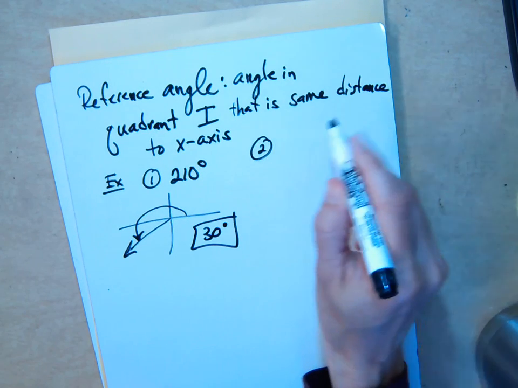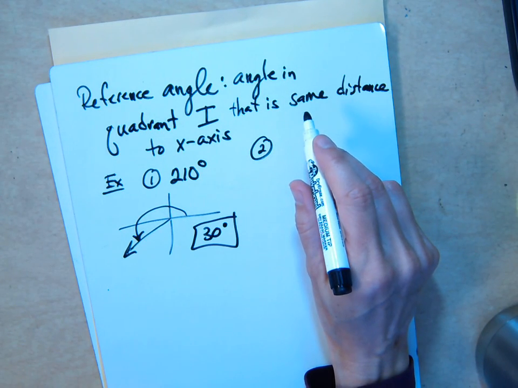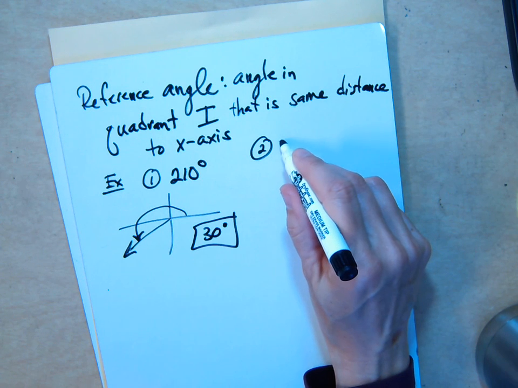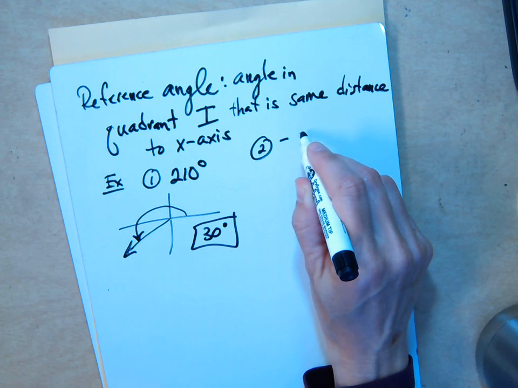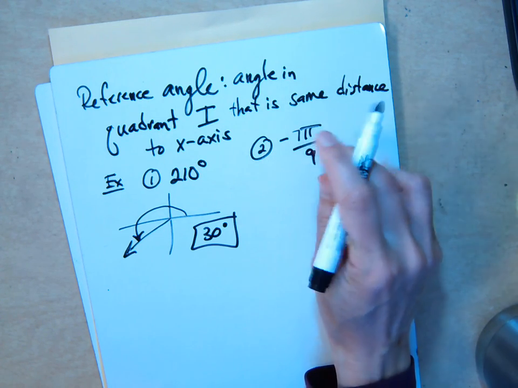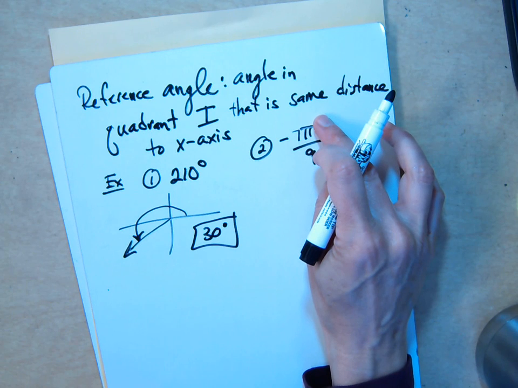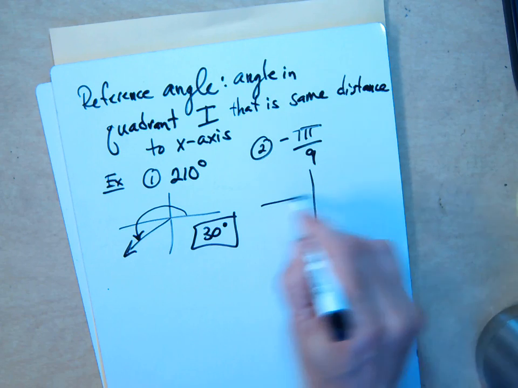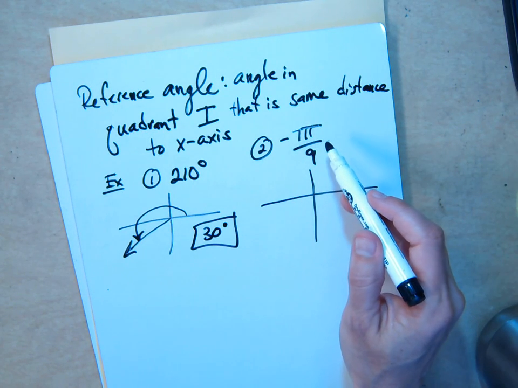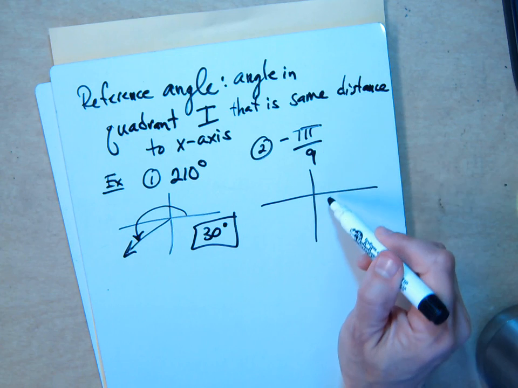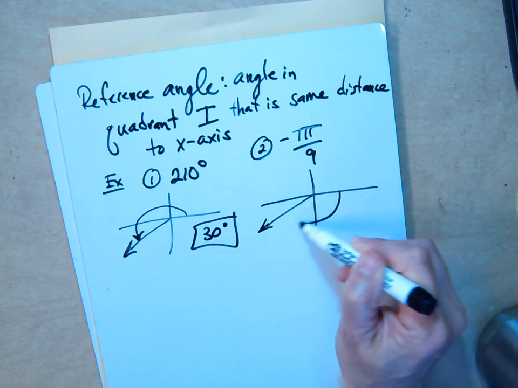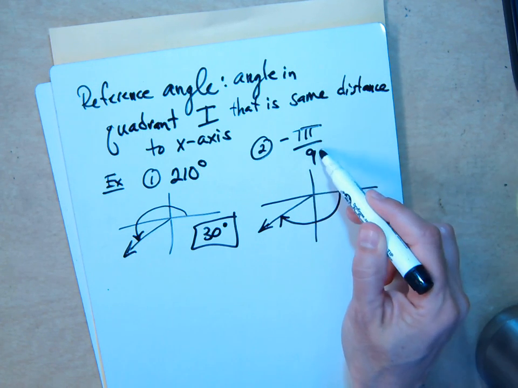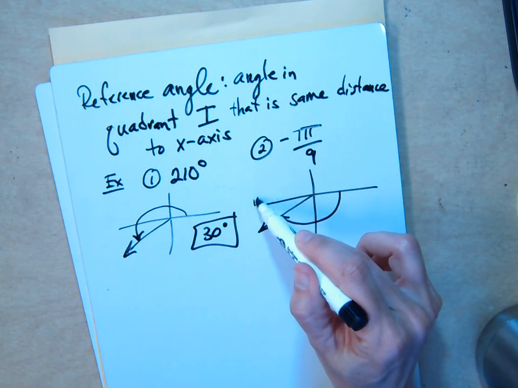Let's try negative 7 pi over 9. That's not even on the unit circle, actually, but we can still do it. Negative 7 pi over 9 is close to negative pi, so it's somewhere in this area. You really need to know which quadrant it's in, because 7/9 is less than 1, and you know pi is here.